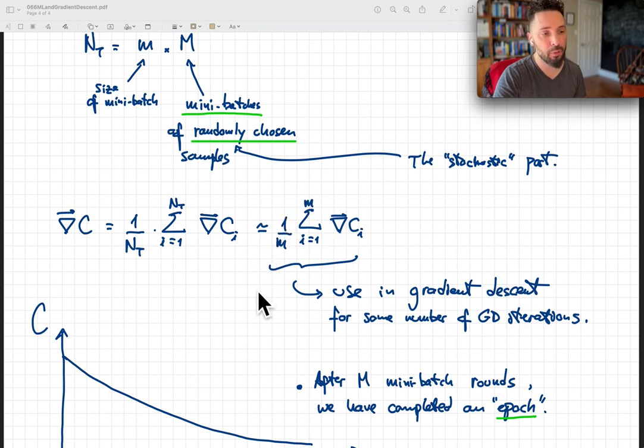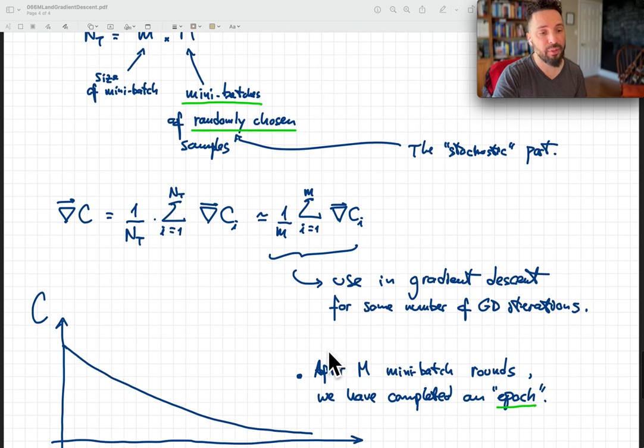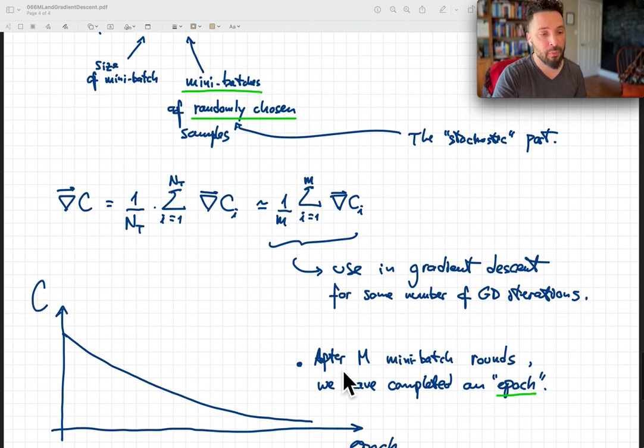And so once you're done optimizing for that mini batch, you go into the next one, and so on until you've exhausted all the mini batches that make up your total number of samples. And at that point, we say you have completed an epoch. So after M mini batch rounds, you've gone over all your mini batches, and then you have completed an epoch.